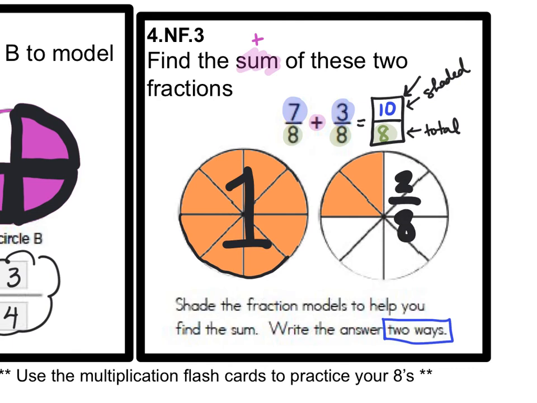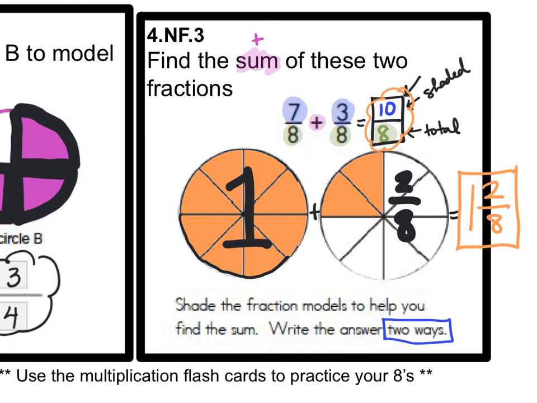What this tells me is that 10 eighths is the same thing as 1 whole and 2 eighths. So 2 ways to write this fraction would be 10 eighths, which is how we added it, or 1 and 2 eighths, which is what we just showed with the picture down below.